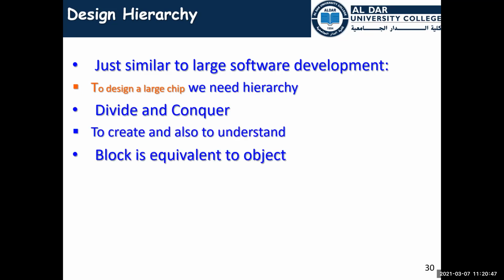For example, if we have a large circuit or a large chip and we need to design very large logic, we use the divide and conquer procedure. Divide and conquer is simple. You have a big system, and then you divide the big system into small subsystems.